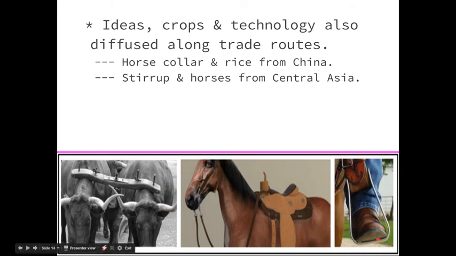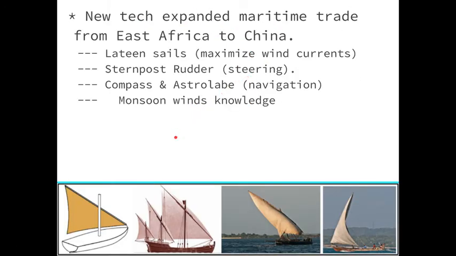But the stirrup allows the person riding the horse to control the horse and stay mounted and not fall off by just using their legs, right? Instead of holding on with their arms and their hands. That means you can do other stuff while riding the horse, like fight, like shoot a bow and arrow. So, new technology, new crops, new ideas are spreading, right?